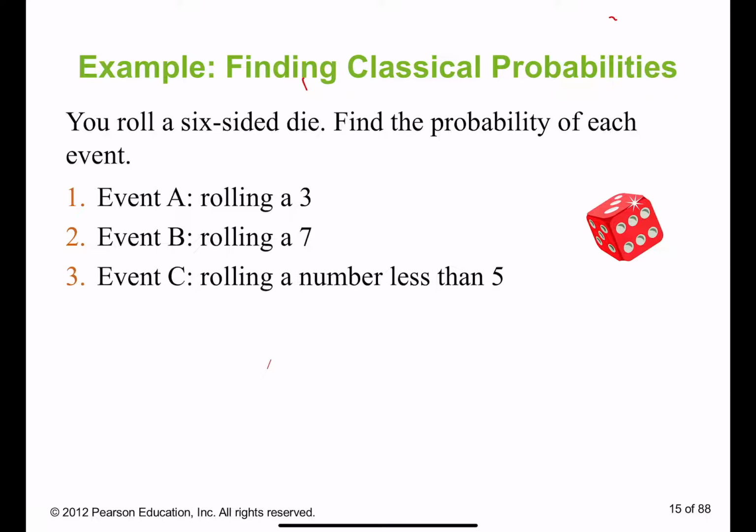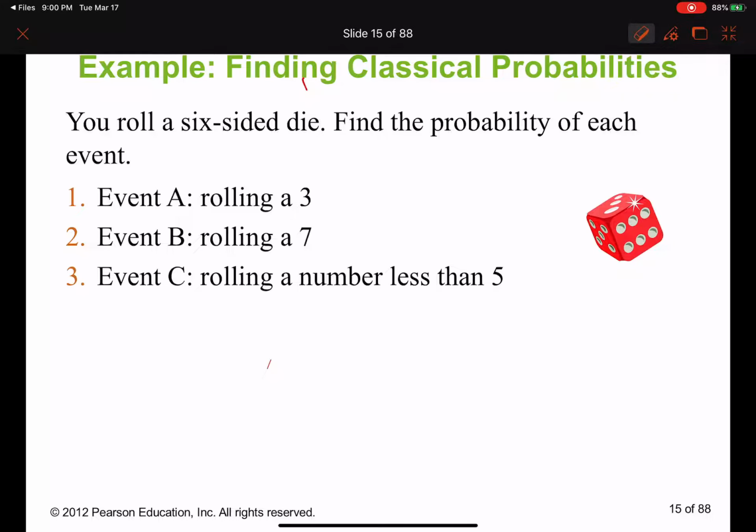So how many sides on the die do you have with 3? Only 1, correct? Out of how many total? 6, yes? So the probability of 3 is going to be equal to 1 over 6.